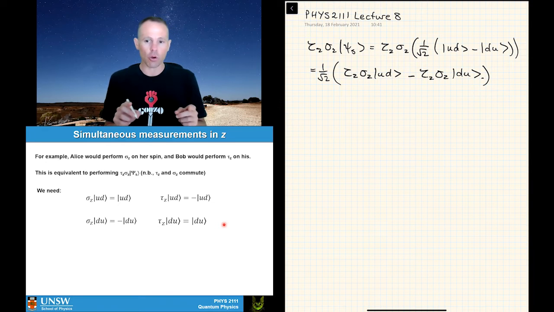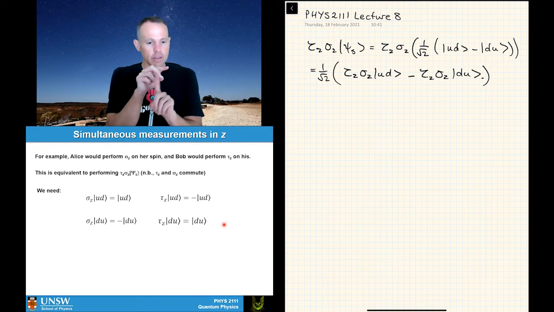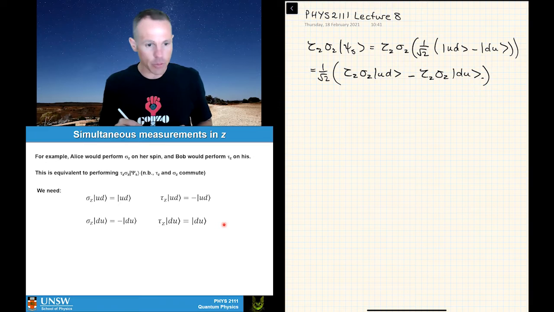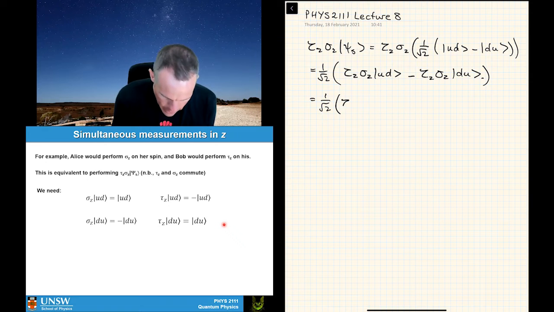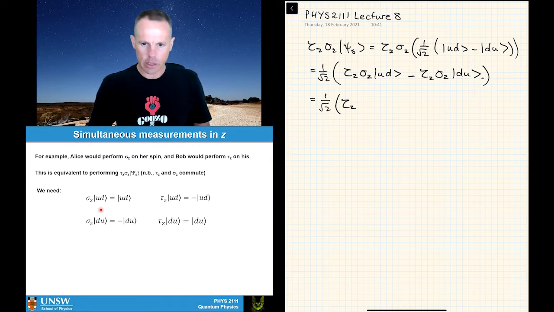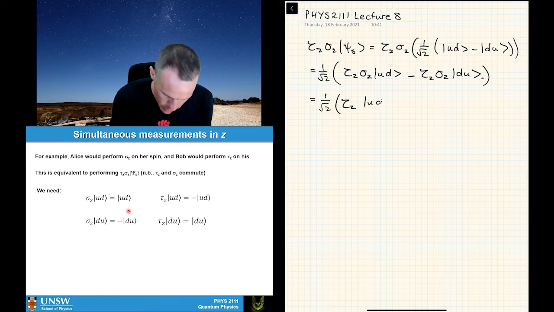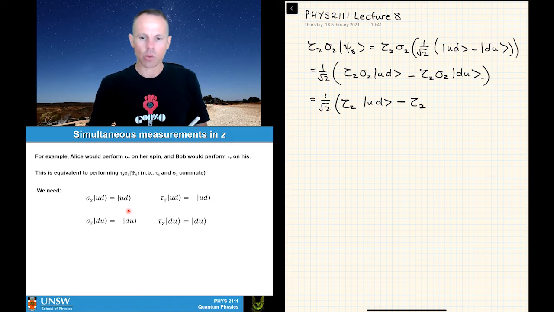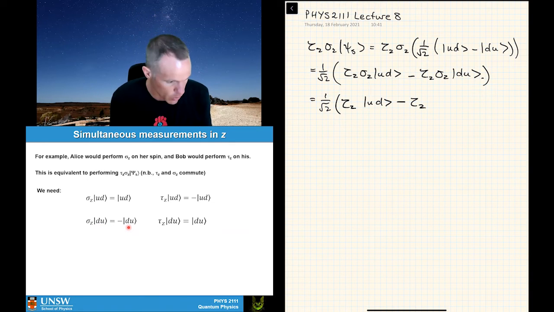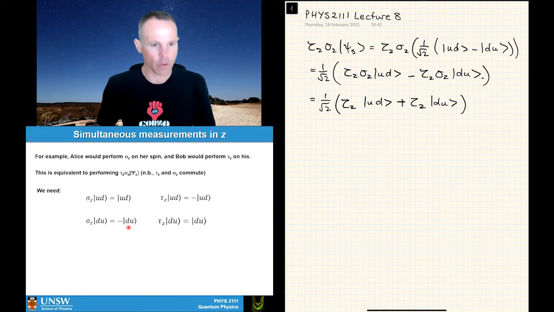And I'll let you prove for yourself that if you did this the other way around, tau first, sigma second, you would get the same answer. So what we would have here is 1 on root 2 tau z, and then what we need to know is sigma z on the up-down state, and we know that gives us up-down. And then we would have tau z here. We know we need sigma z operating on the down-up state. We know that gives us minus down-up. So this will become a plus just here, down, up, like so.